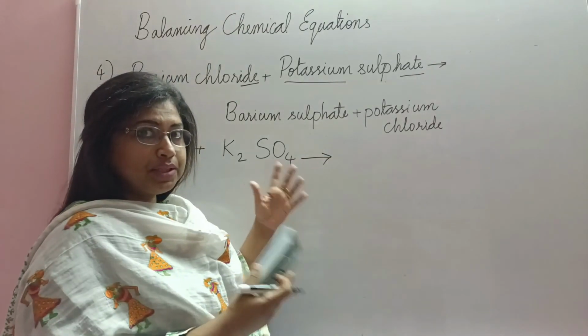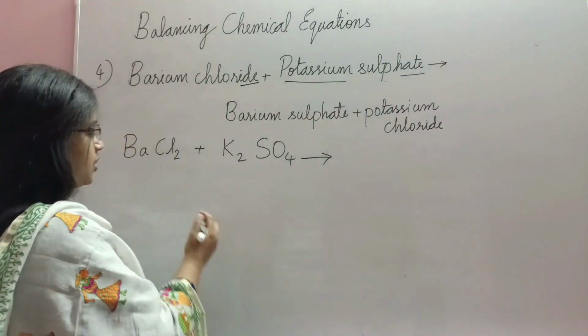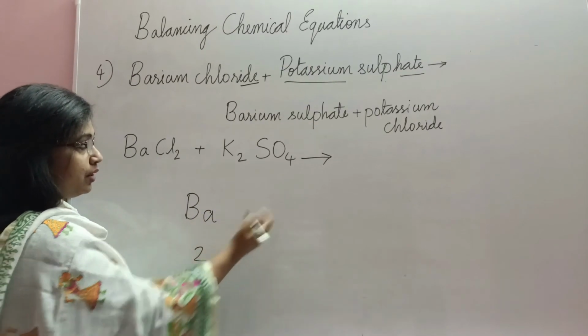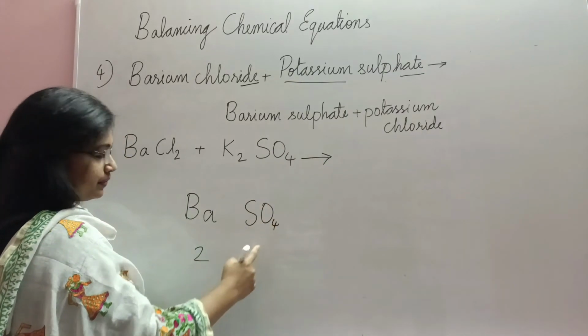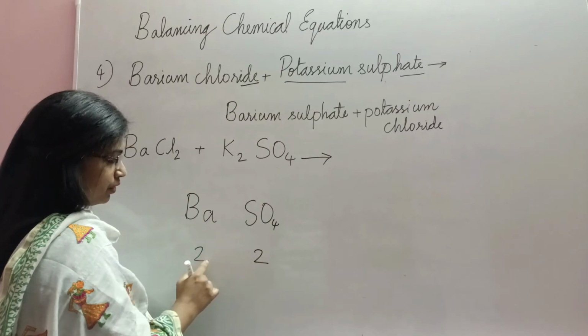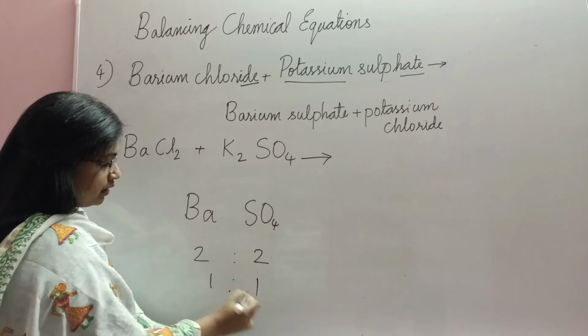I hope there is not much discussion required there. Barium sulfate. Okay. So once again, barium belongs to group 2, so its valency is 2. Sulfate, you know the formula. Now the charge of sulfate is 2. 2:2. The simplest ratio of 2:2 is 1:1.